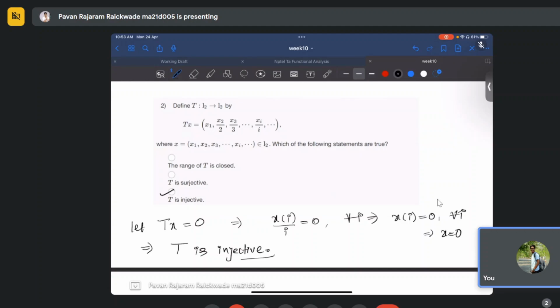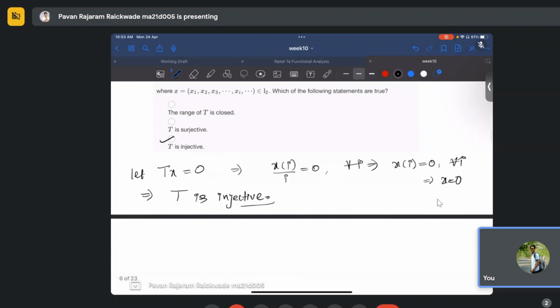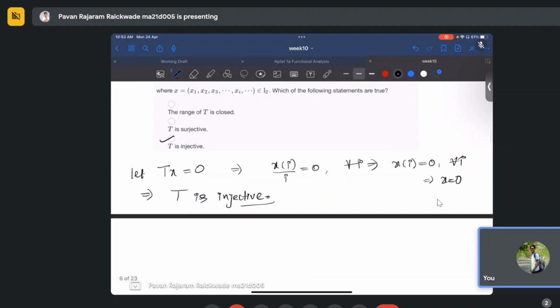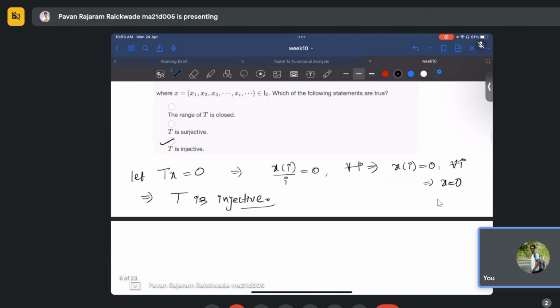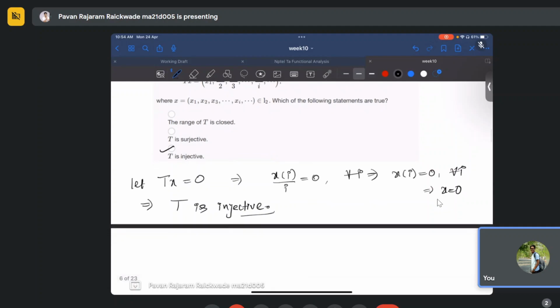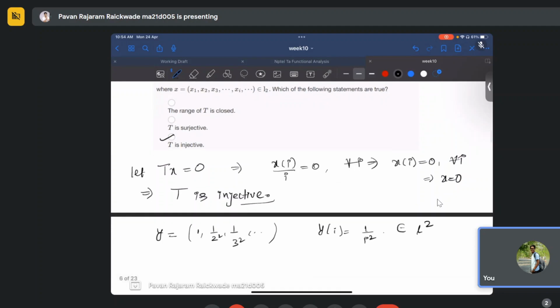So injectiveness was quick. Let's see about the surjectiveness and closedness. What can we say about the surjectiveness? Is it surjective? See, for surjectiveness, what we want is every element in L2 needs to have a pre-image. But the element y given as 1 by 2 square, 1 by 3 square, simply y at i equals the 1 by i square sequence, this belongs to L2.